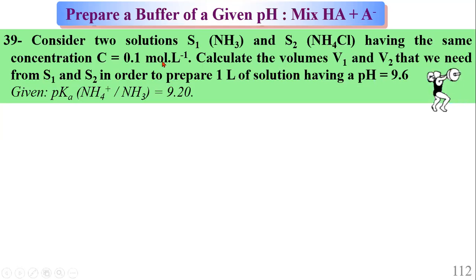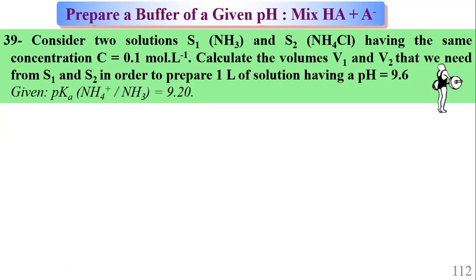They have the same concentration. They're asking, calculate the volumes V1 of ammonia and V2 of the ammonium that we need from solution 1 and 2 in order to prepare a 1 liter solution having a pH of 9.6.